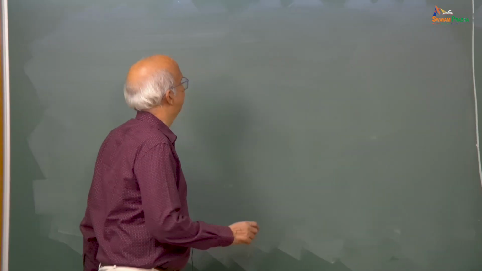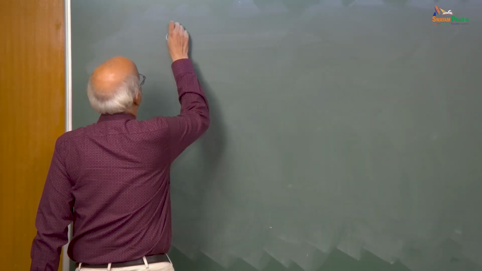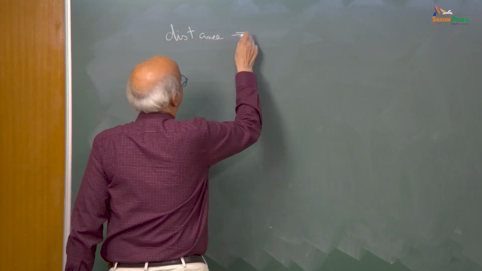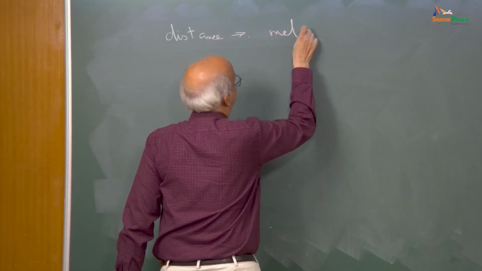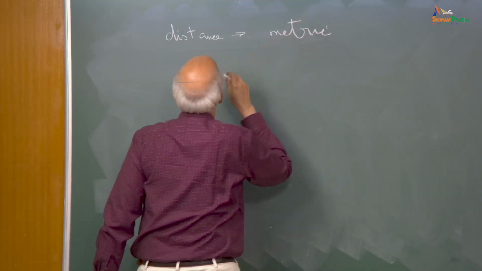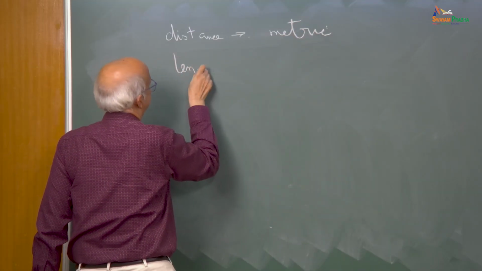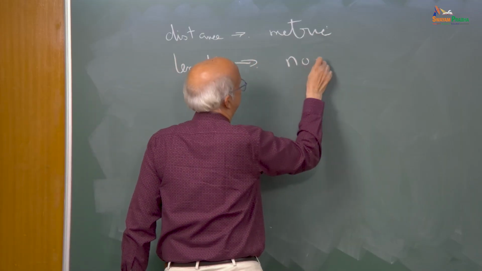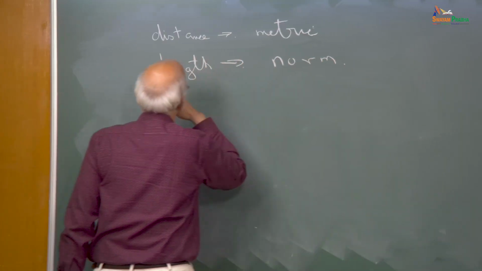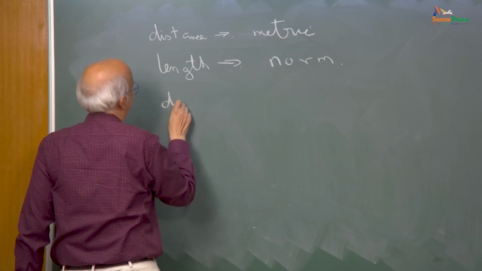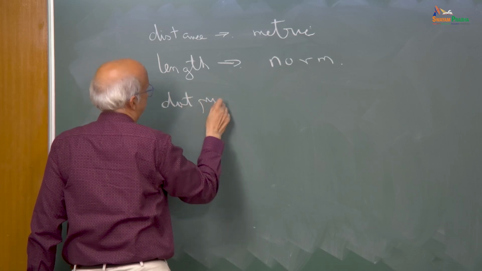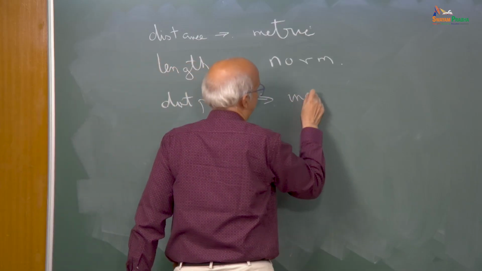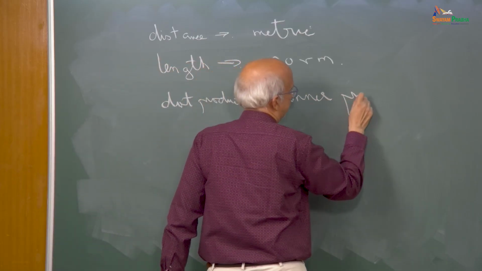Okay, so let me just say distance is what I am going to call metric. Length I am going to call norm, and the dot product I am going to call inner product.